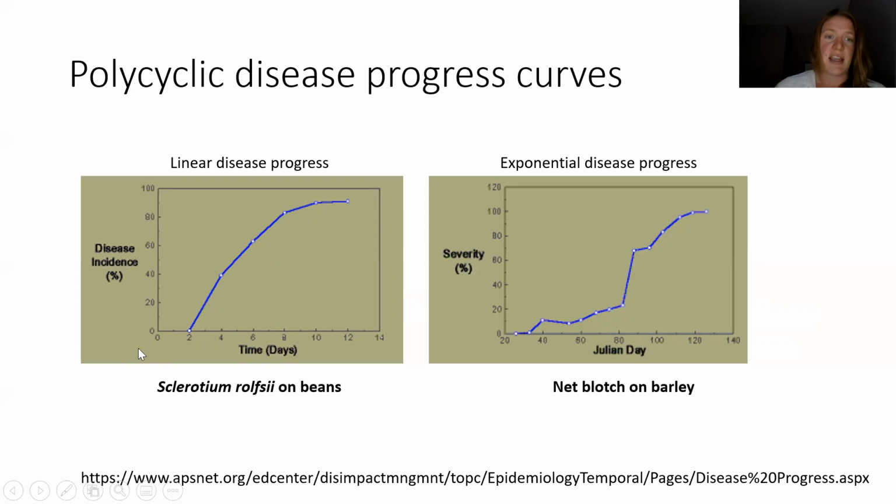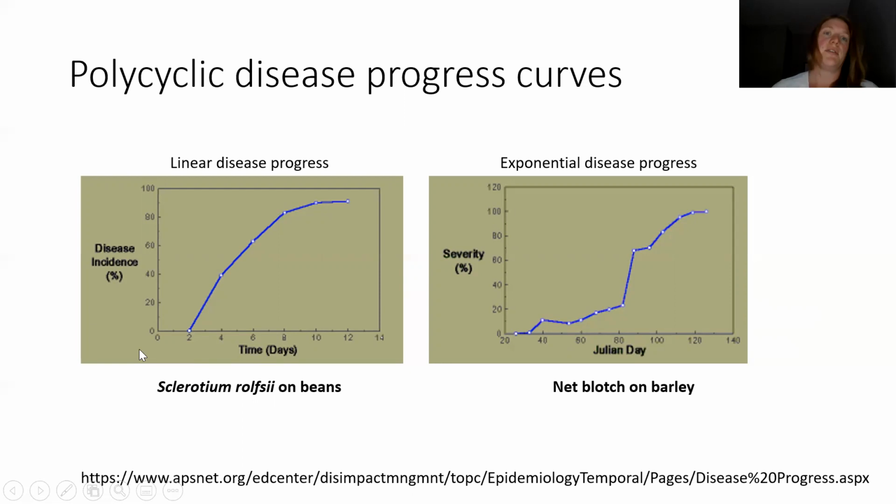So disease can occur either as a linear form over time or exponential growth rates over time. So linear diseases tend to be different types of pathogens from exponential types of pathogens. So we can distinguish between these two different things, and we can apply treatments to try to slow their rate of disease progress.